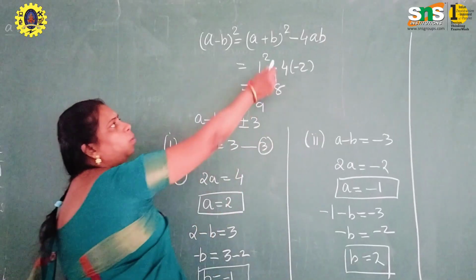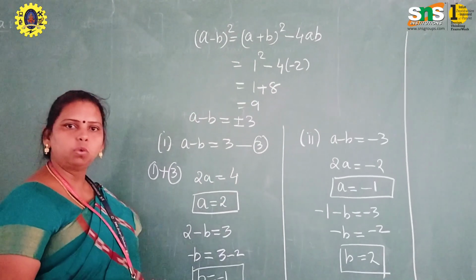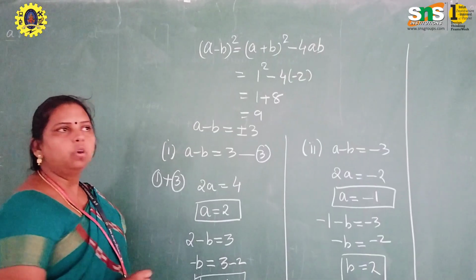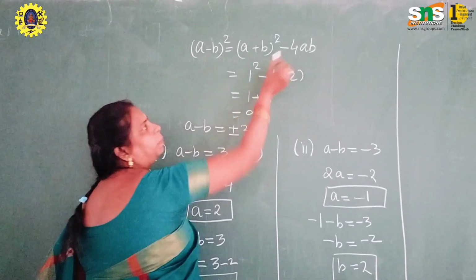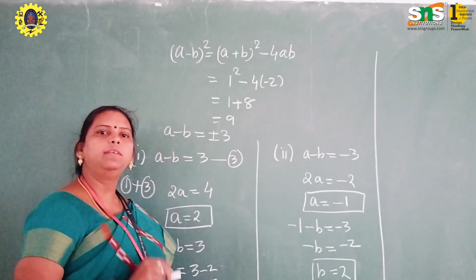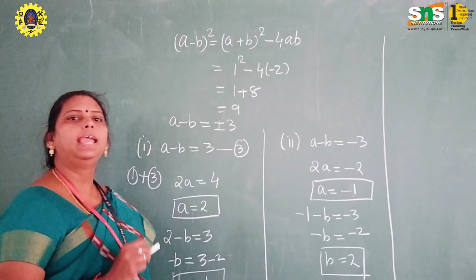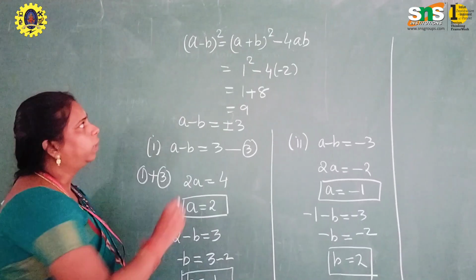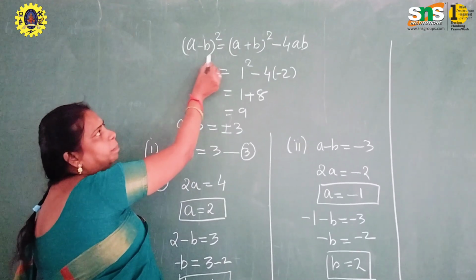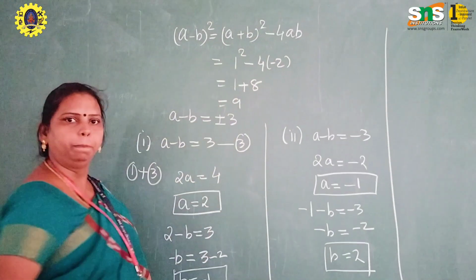And A plus B whole square is A square plus B square plus 2AB. So when we subtract 4AB from the second formula, it changes to A square plus B square minus 2AB, which is the same as A minus B whole square. So A minus B whole square can be written as A plus B whole square minus 4AB.